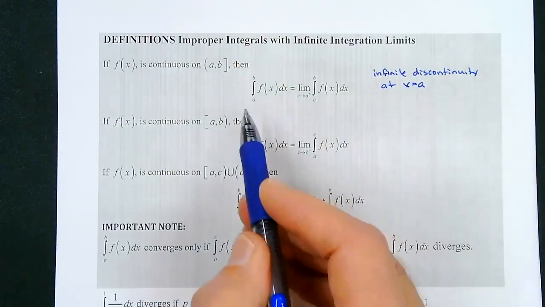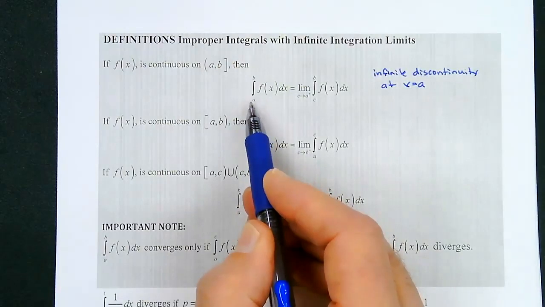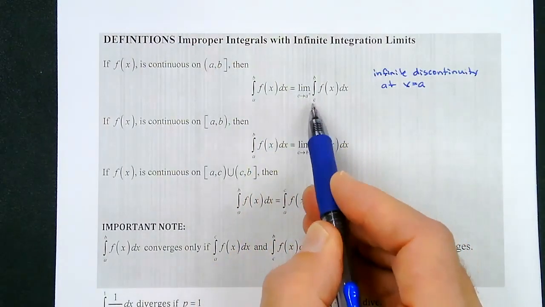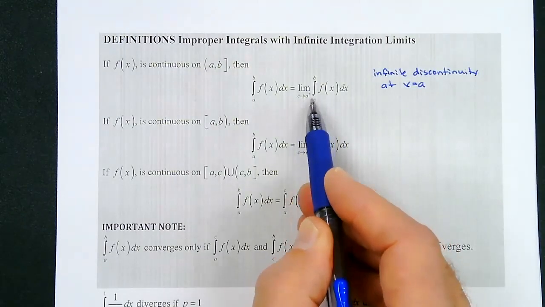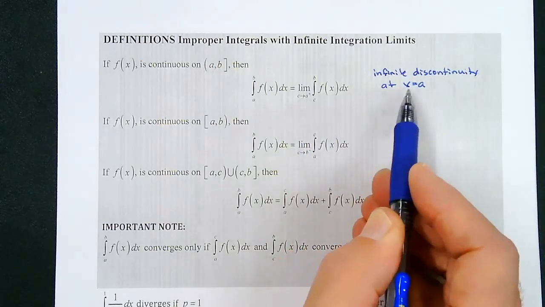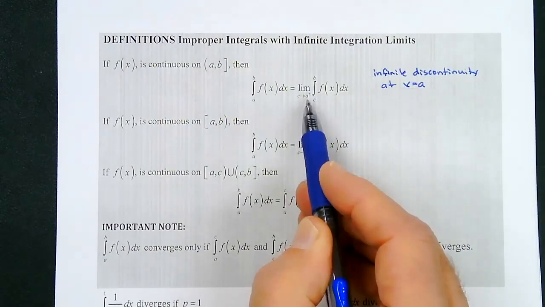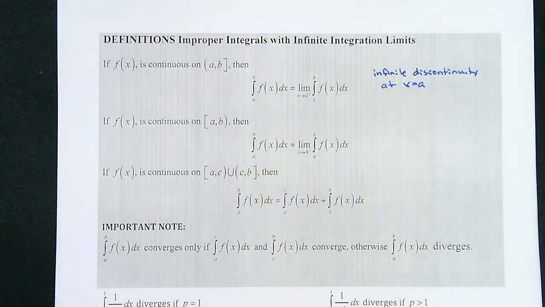Then we pick some letter for the lower limit and let it approach a from the right-hand side, because that's where our infinite discontinuity is.